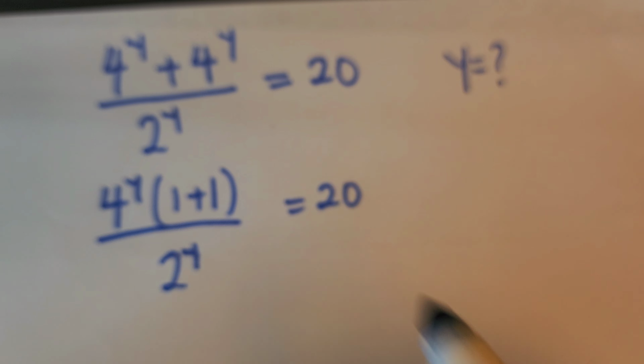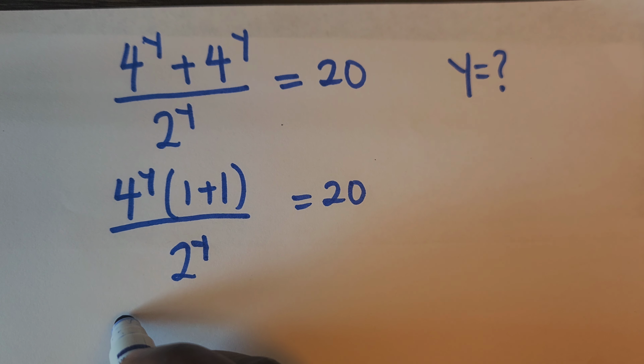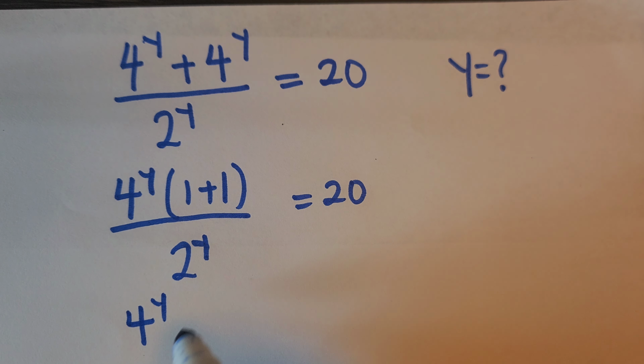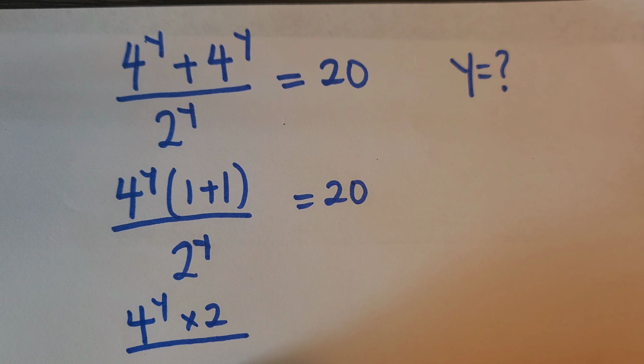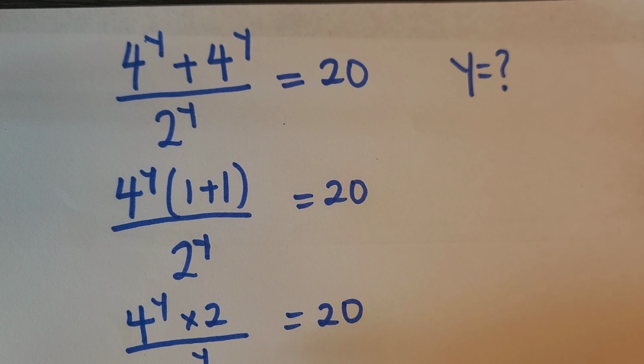And from here, we have 4 to the power of y multiplied by 2 divided by 2 to the power of y, which equals 20. Now, from here, it makes it a little bit easier.